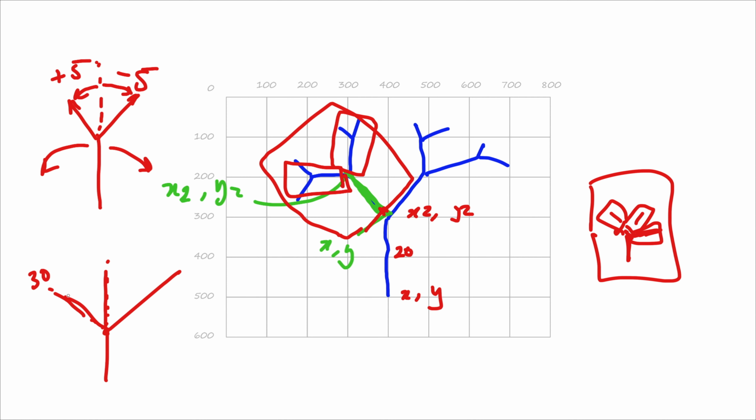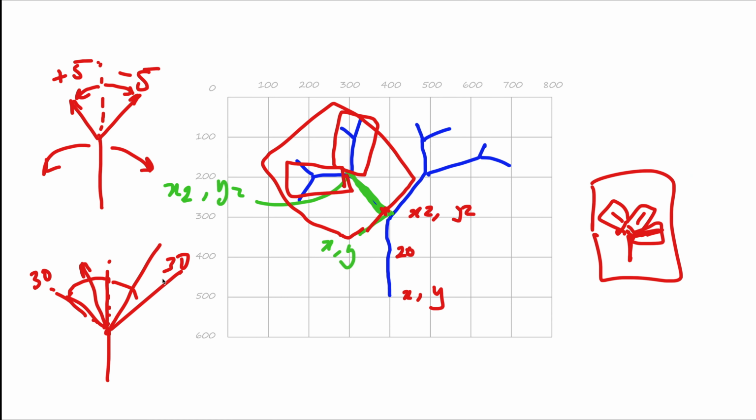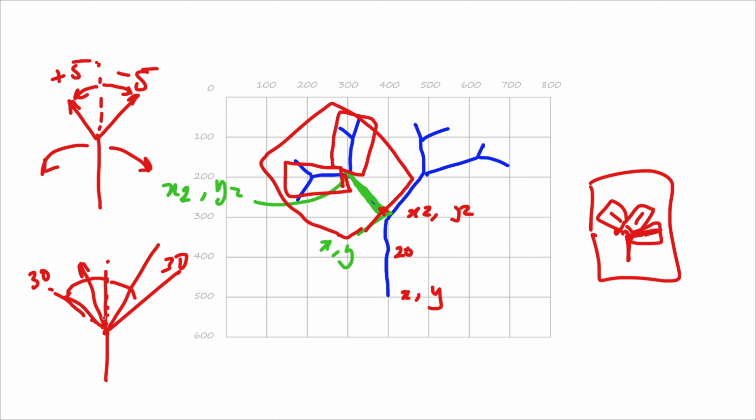So the first tree could be anywhere in this range, the first smaller tree. The next one is 30 degrees in the other direction, 0 to 30, so it could be anywhere in there, that way. And our third one, our third branch says 20 to 50, so it's going to be, 20 is about there and 50 is here. So it could be coming off that way, somewhere in there, in that range.